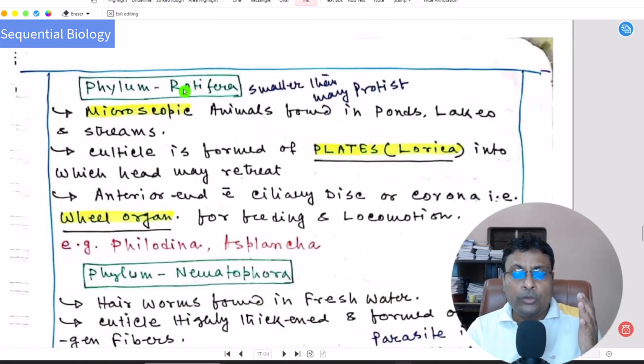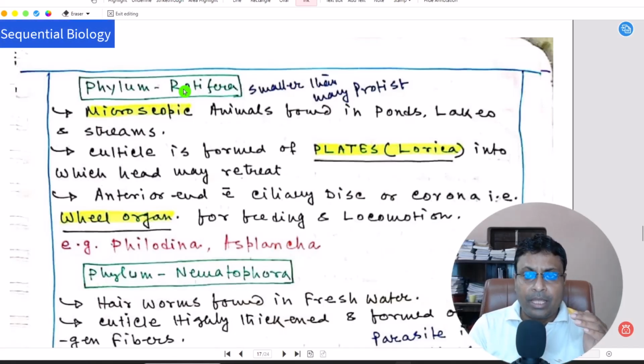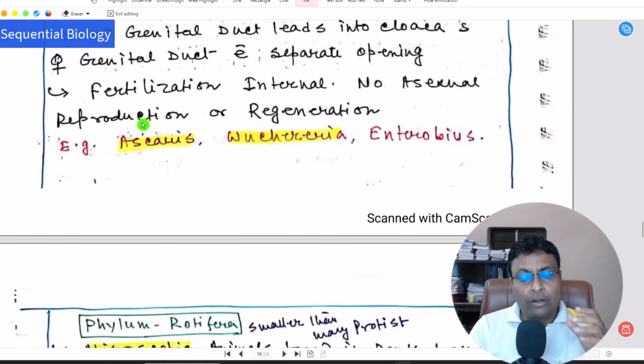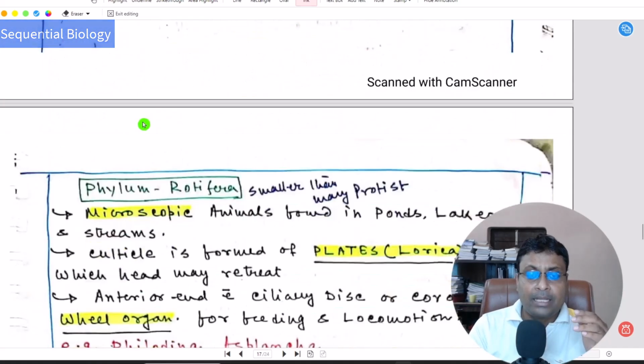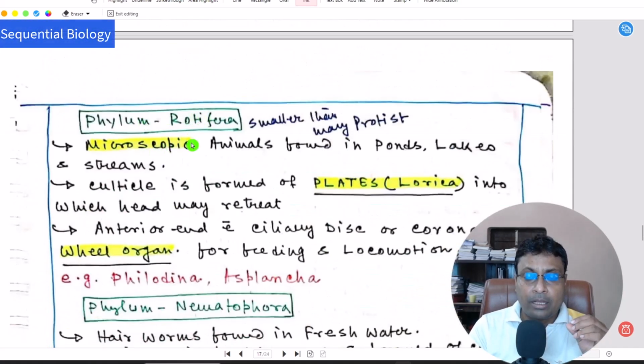Rotifera is also known as a minor phylum, and they are smaller than protists. Remember, they are smaller than protists. They are very small and microscopic, but the members of phylum Nematoda were macroscopic, and we can see them with our naked eyes. But phylum Rotifera are microscopic, and the animals are found in ponds, lakes, and streams; they reside in water or an aquatic habitat.